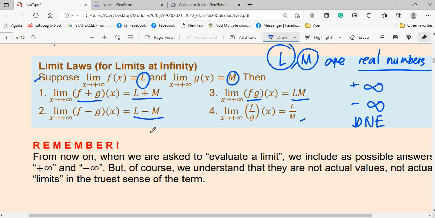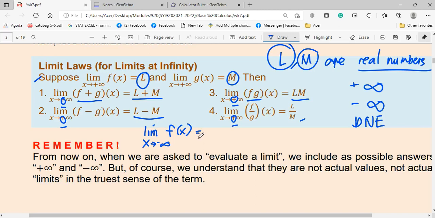Let's say, for example, the limit of f of x as x approaches negative infinity. Take note, infinity can also be positive or negative in this case, class, because even negative infinity can give you a real number.